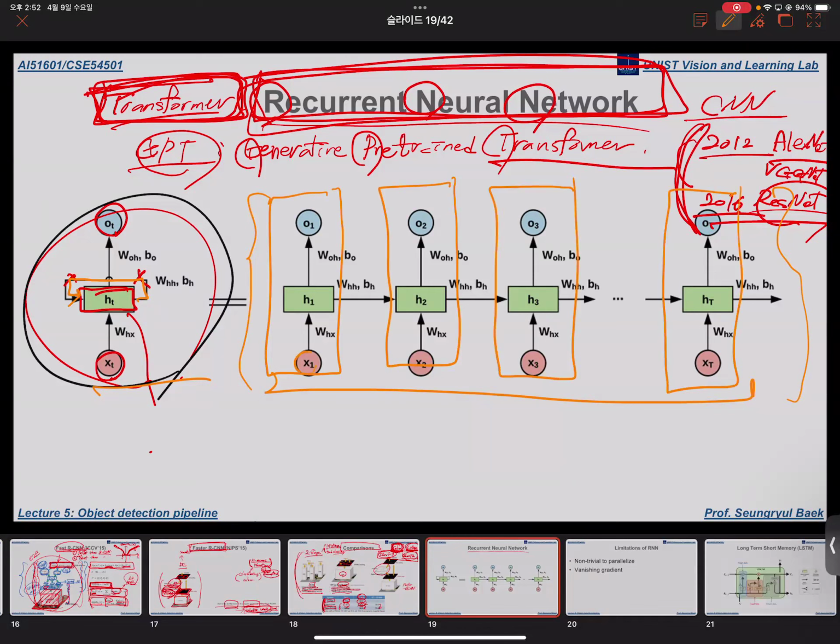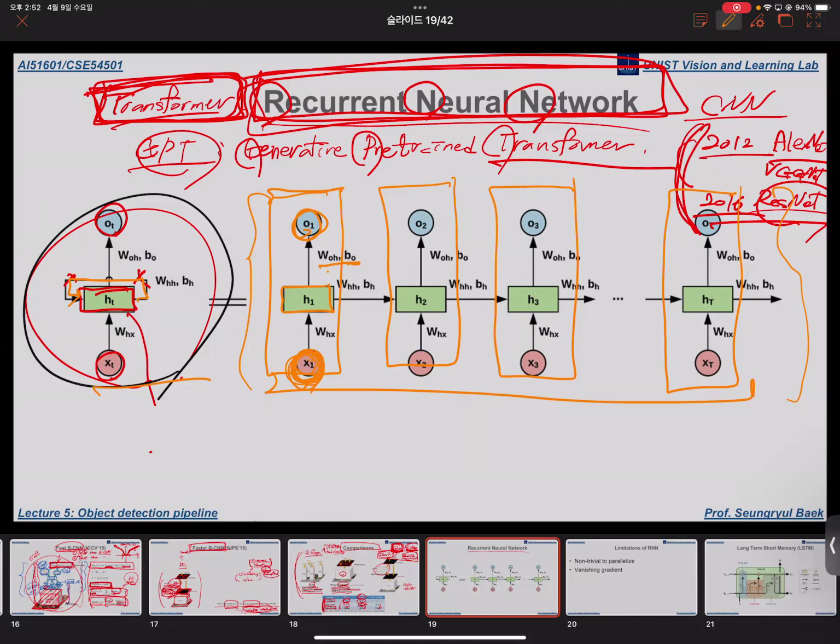Okay, given X, it outputs each output for that specific input by multiplying some weight and adding some bias within this hidden layer. Okay, that's when given one time input, the same as the previous MLP.